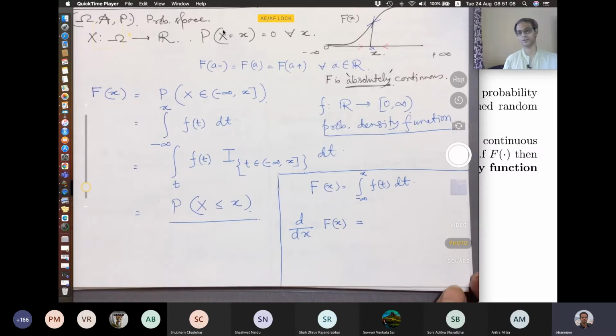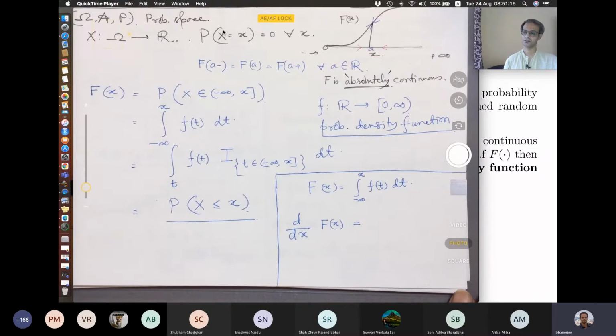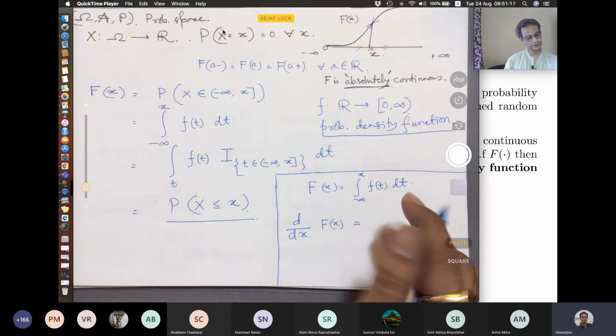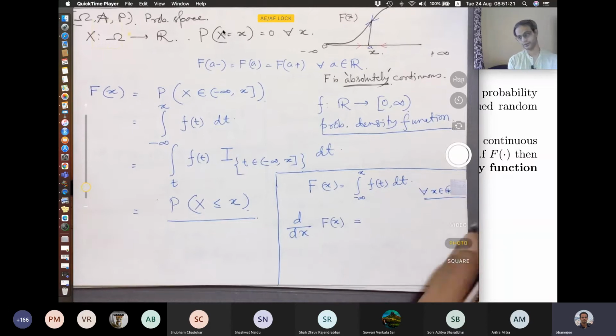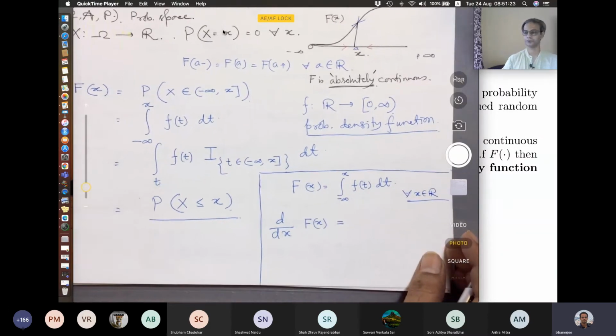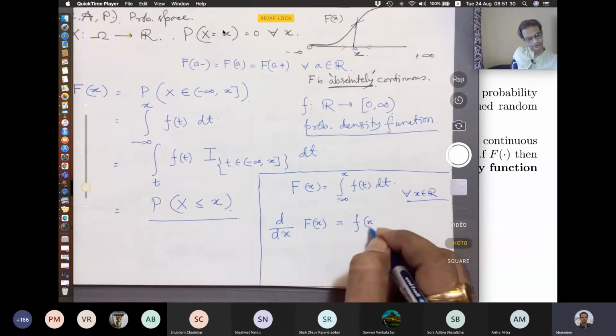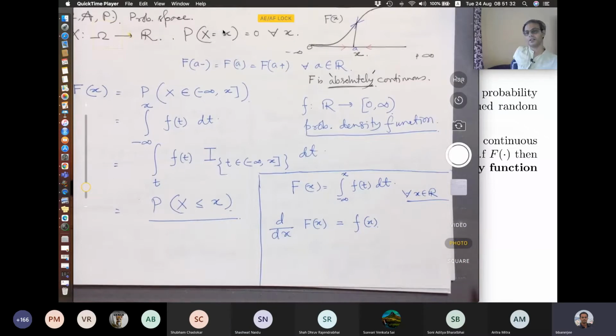Fundamental theorem of calculus. If this thing holds for all x belongs to R, it is small f(x). Yes. So this is the relation between CDF and PDF.